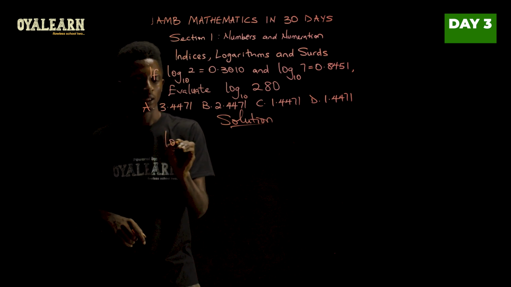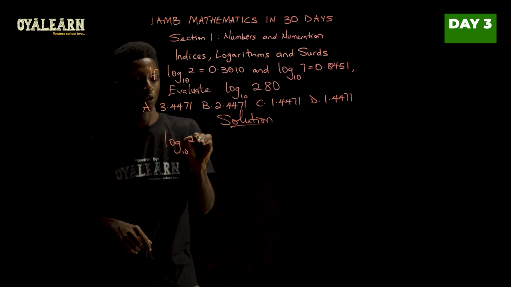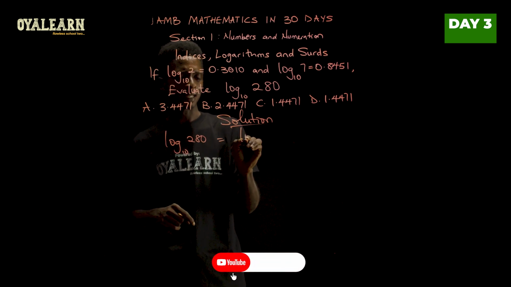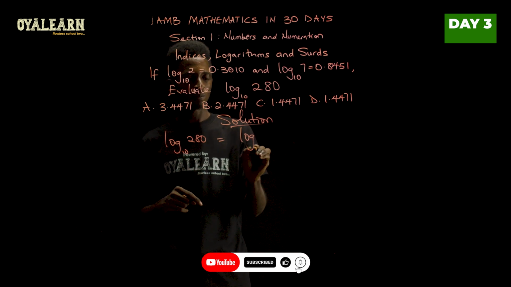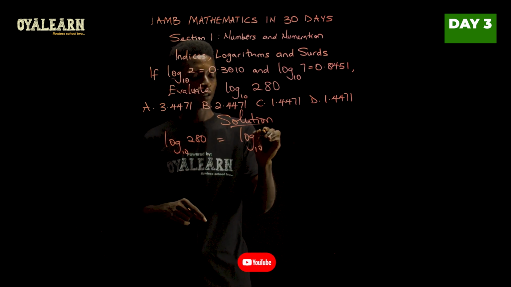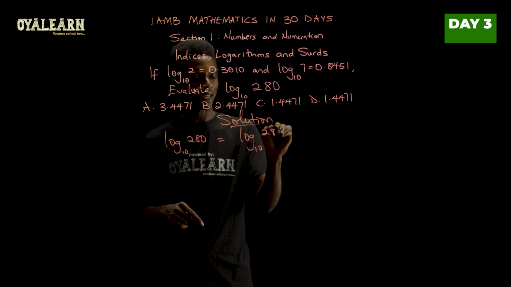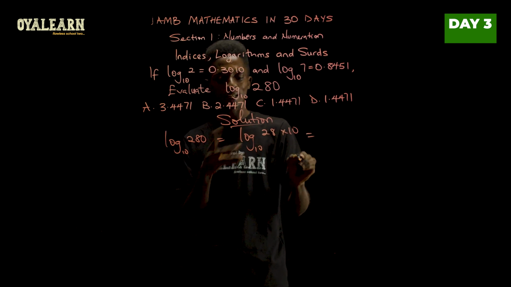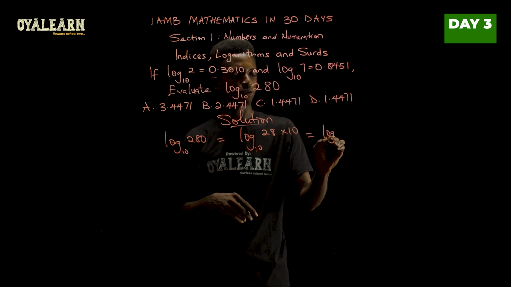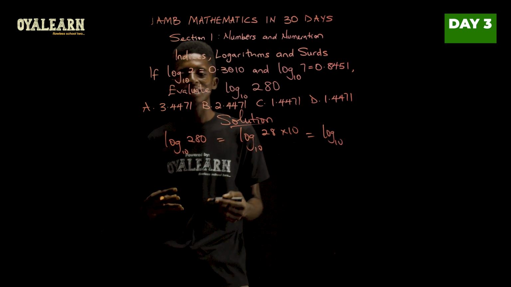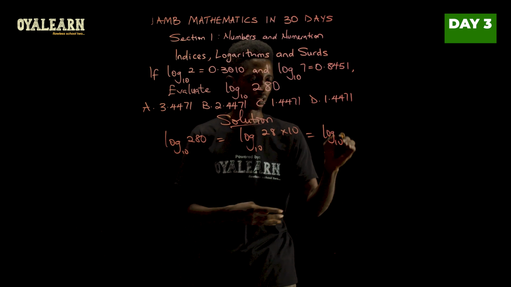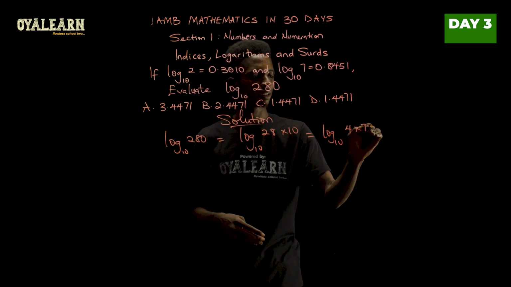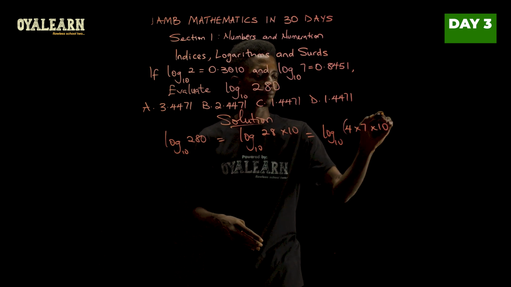Starting with log to base 10 of 280. This can be written as log to base 10 of 28 times 10. Now 28 is the same thing as 4 times 7. So 4 times 7 times 10.